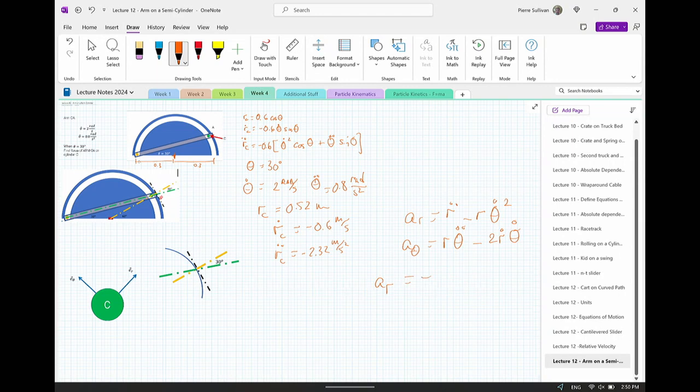AR equals minus 4.4 meters per second squared, and A theta is minus 1.98 meters per second squared. So you're just substituting in numbers. The important first step is defining what r is as you move along that angle.